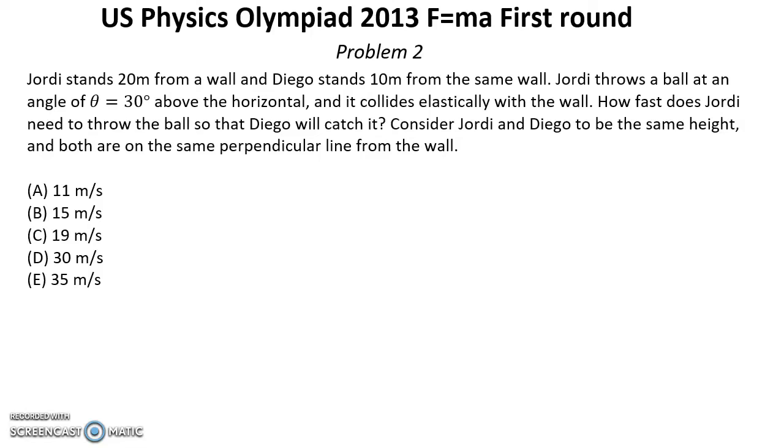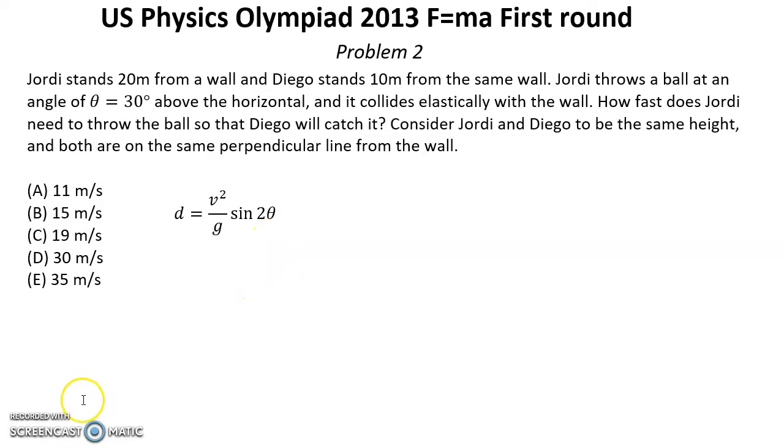Solution. In these circumstances, the wall behaves like a mirror for elastic collisions. It means that the equivalent distance between Georgie and Diego is 30 meters. And here we can use the formula for range: distance equals v squared over g multiplied by sine of double theta.